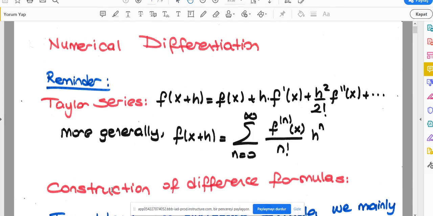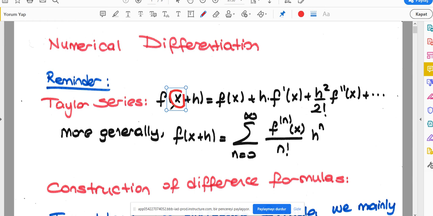Okay, so we have seen the approximation by considering f of x plus h. When you are considering this function in the Taylor series, this is your center point. I mean the Taylor series expansion around x. Why is it important?